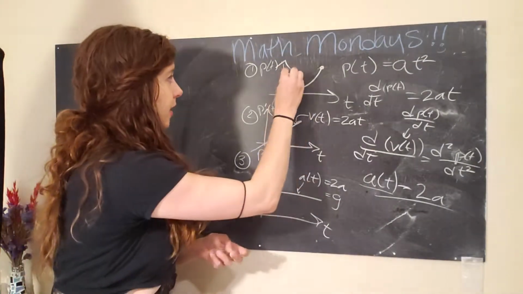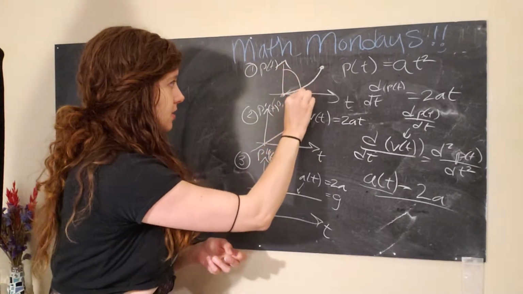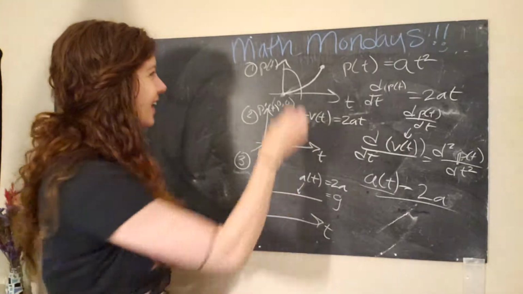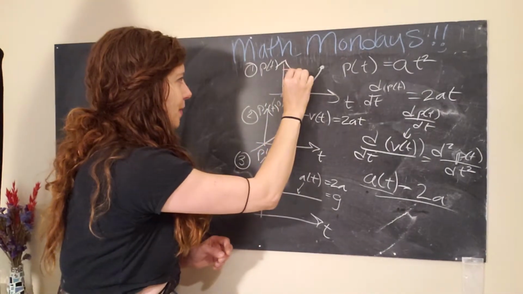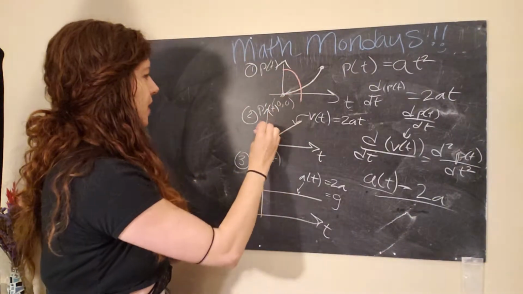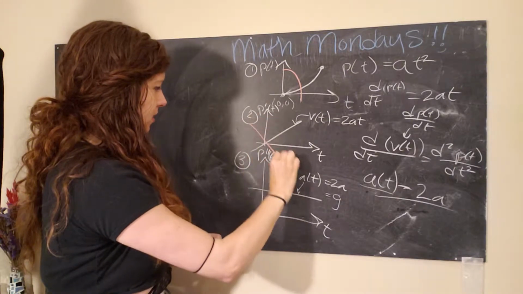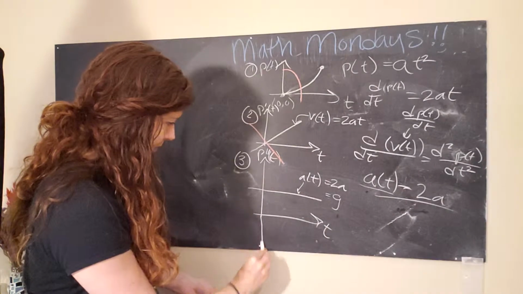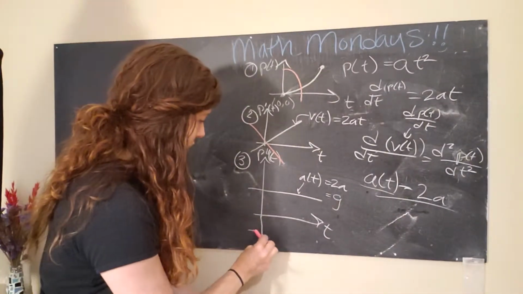If, on the other hand, my picture looked like this, I'm going to get another color. I always forget I have extra colors. Okay, so if instead my position looked like this, then I would have a line that looks like this, and my acceleration would be down here.